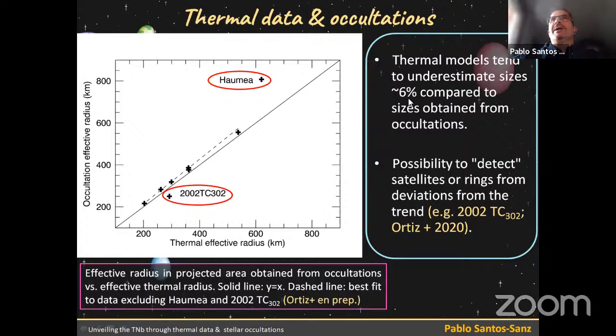I think this is typical for objects that are not very spherical. But this is just a first estimation, because we don't have many objects here, but it could be refined. Of course, it depends on the elongation of the object; the correction would be larger or smaller than this 6%.